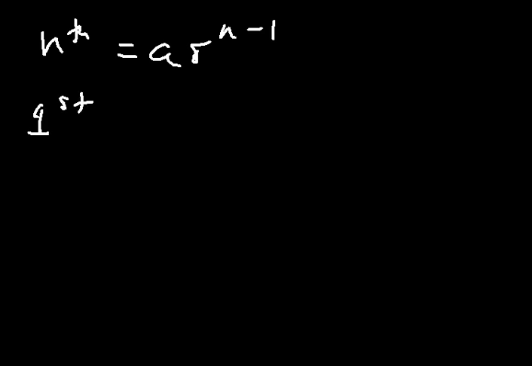So now there's something you have to understand as well. We know that the nth term formula of a GP is given as AR to the power n minus 1. Let's say we have an interest in the first term. What is the formula for the first term? In this case, n is equal to 1, so we have AR to the power 1 minus 1, which is the same as just A. So this is the formula for the first term.